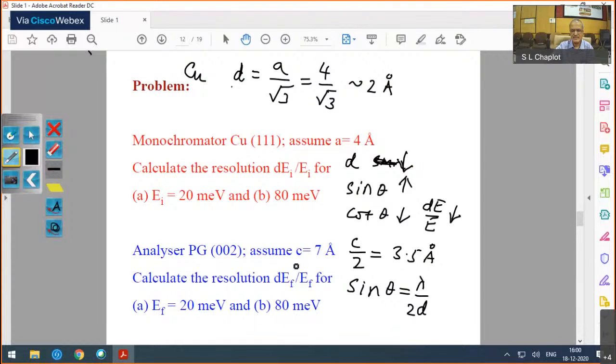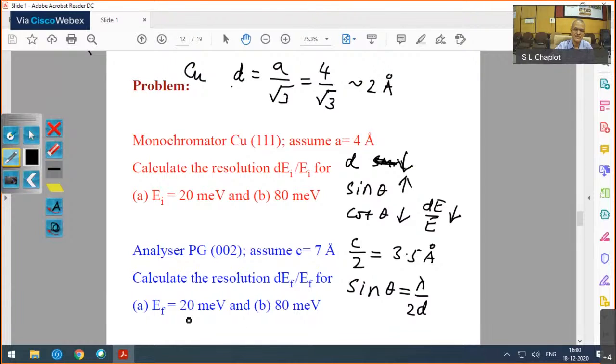On the other hand, graphite has a much better reflectivity, and also the energy range it gives is different, and so quite often we use graphite. Although the dE by E is worse, we use it for very small energy.